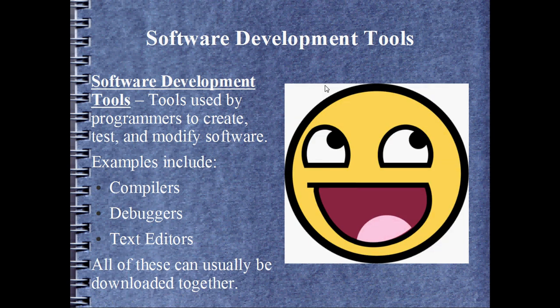Now, software development tools. They're really used by programmers only, and they test, modify, and create software with these. Compilers, debuggers, and text editors are good examples. Usually when you download a program for creating another program, you can get them all in one.